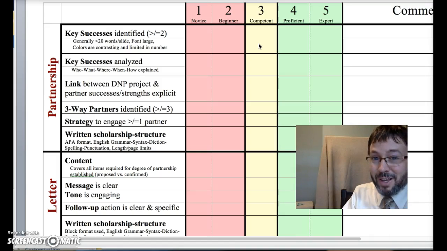But the quick summary is, for all of your doctoral courses, you're expected to perform at a 2.7 Emory letter grade or a 3 on this Dreyfus scale to be competent. You're not expected to all be experts, but we need to demonstrate competence overall.